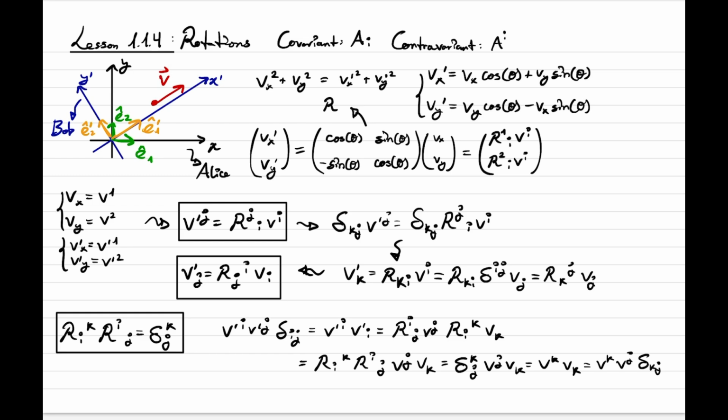And a vector by itself is a geometrical object. So we may express a vector in this form, in Alice's frame of reference, or in Bob's frame, and it's still the same vector.